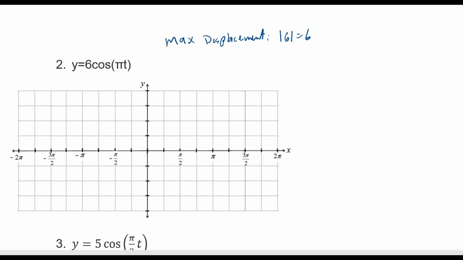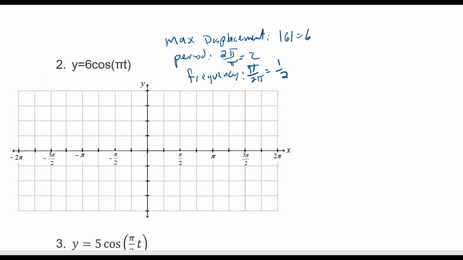Then we have the period, which is 2 pi divided by pi, so it's going to be 2. And then the frequency is going to be omega over 2 pi, so basically pi over 2 pi. So it's 1/2, which is the reciprocal of 2.